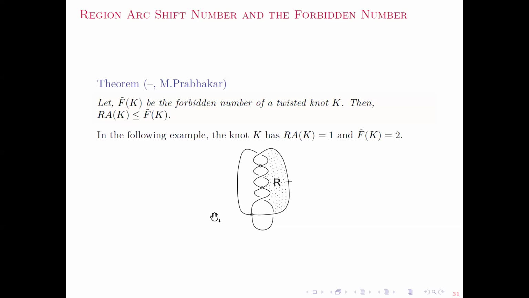This example is one where the inequality holds strictly, because the forbidden number is 2 and the region arc shift number is 1. You need two F2 moves here to make it a trivial diagram.